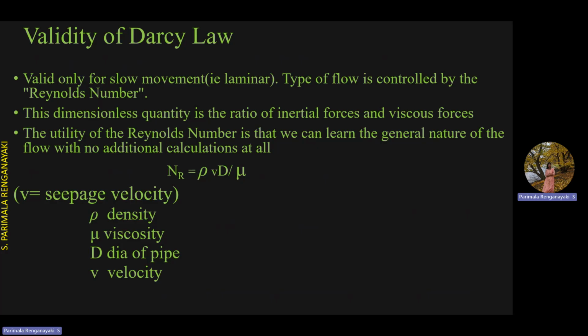The type of flow is controlled by the Reynolds number. Where does this Reynolds number come into the picture? Even in fluid mechanics of water resources, for surface water also, if we want to describe the movement of water as laminar or turbulent, we use this dimensionless quantity.